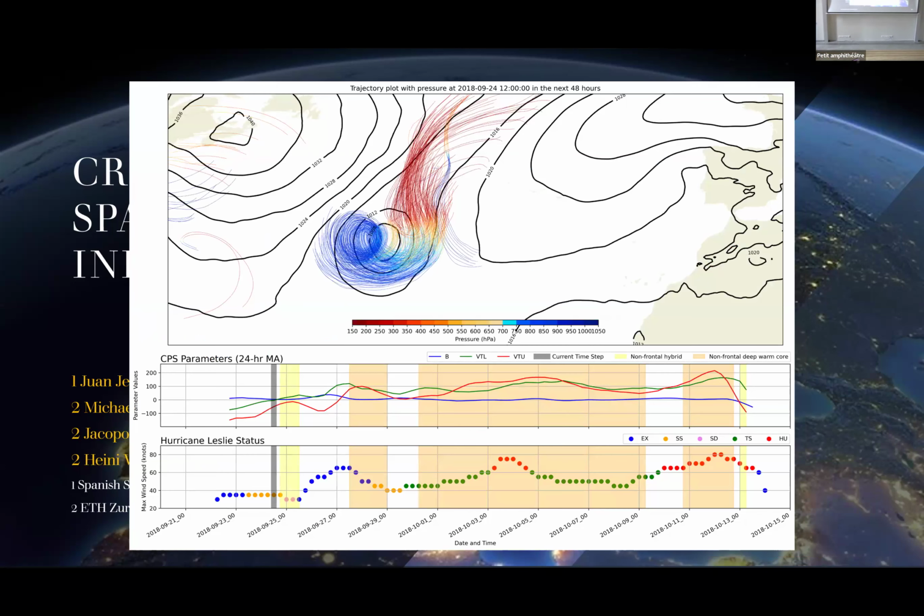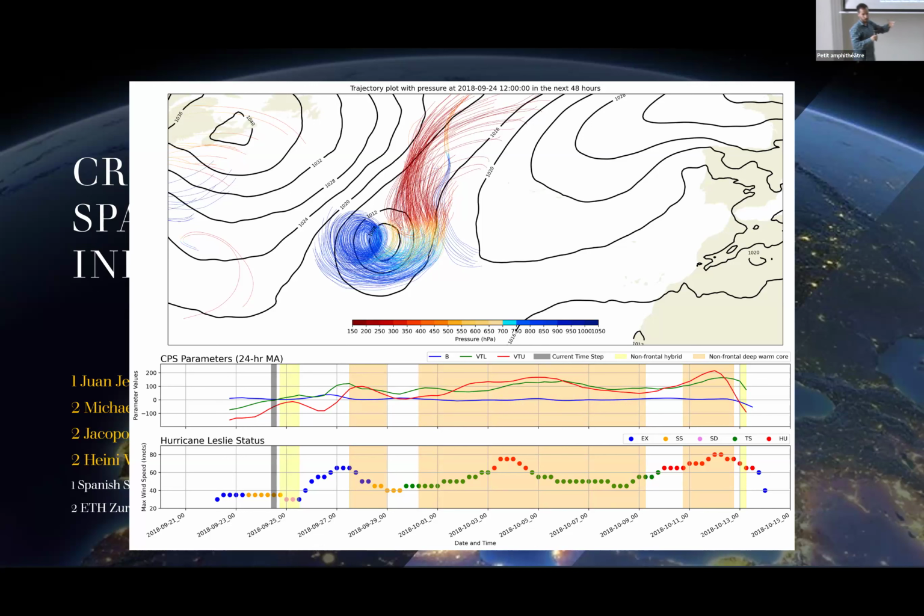This is an example of the figure that I will show you. We have the Lagrangian trajectories over a cyclone with the pressure, and here we have the CPS, the cyclone phase parameters, and then the status by the National Hurricane Center. This is Hurricane Leslie.